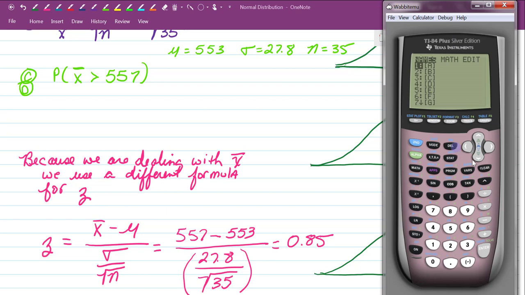It's going to be second and right here, and that's going to give me the square root of 35. I'm going to hit the arrow to come out from underneath my radical, close the parentheses, and hit equal.